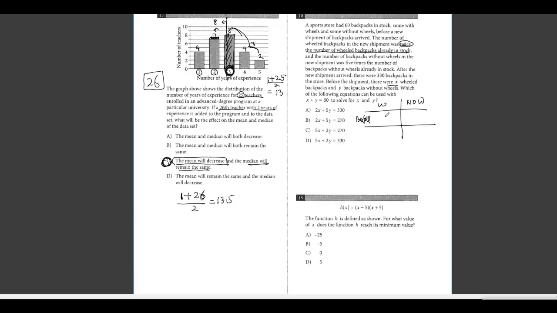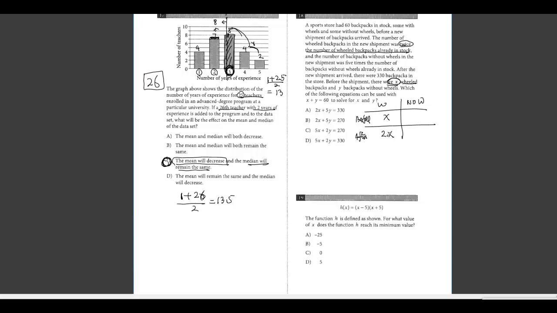Before, this is the X. The wheeled backpacks is X. Before it's X. Now after the shipment, it changed to twice, 2X. Something like that, right?